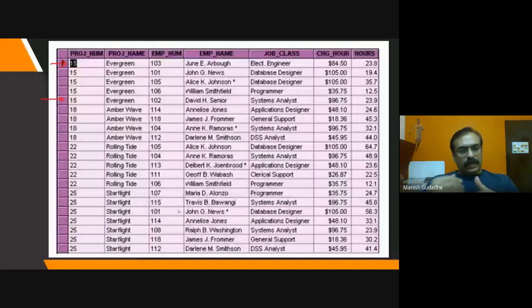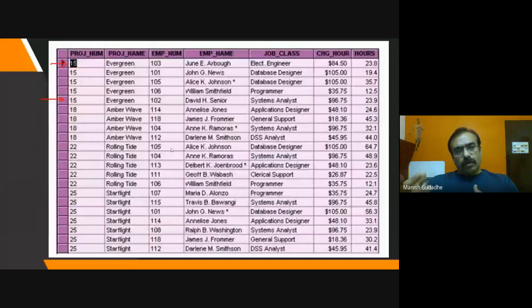Again, no, because that is also getting repeated. You can find Alice Johnson, that is 105, is getting repeated, and several other people too. So project number alone or employee number alone cannot be a primary key. We'll have to form a super key, a combination of more than one attribute.